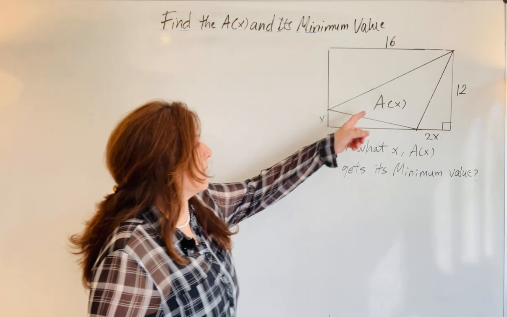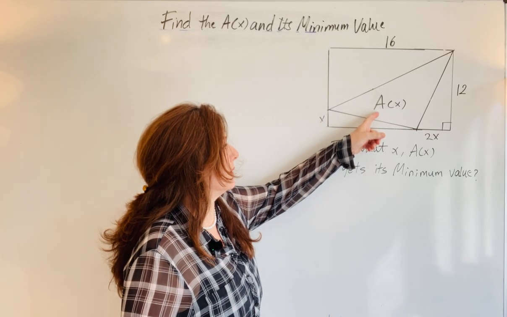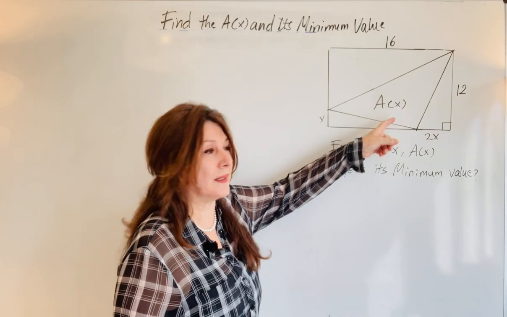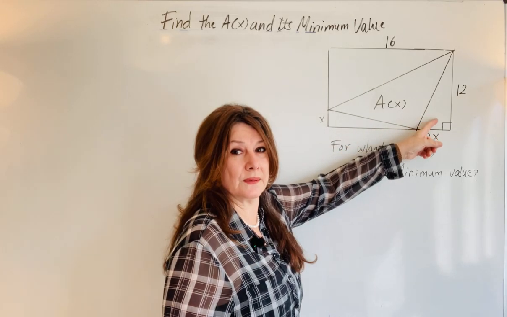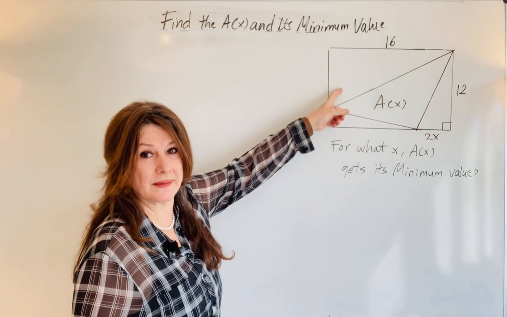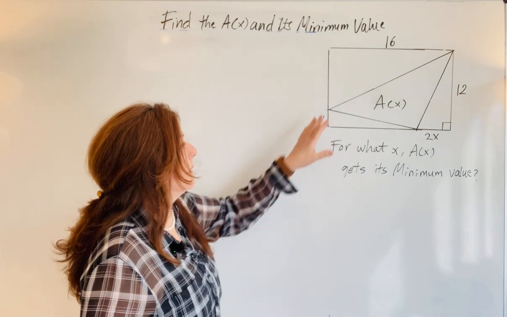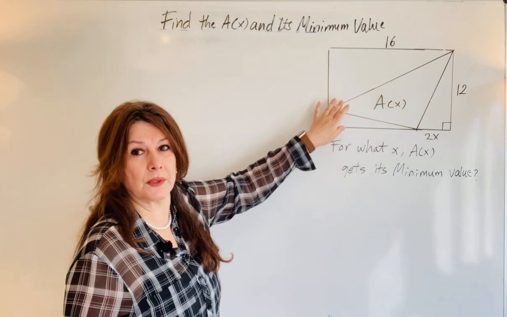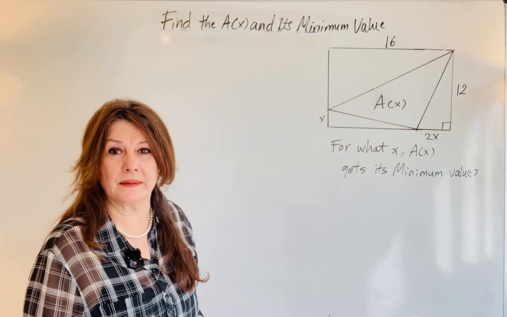And for finding this triangle inside, I call this one A of x. We need to find the area of this small triangle, this one and this one, yes? Everything is based on x. We can find the sum of these and subtract it from the entire area, yes?